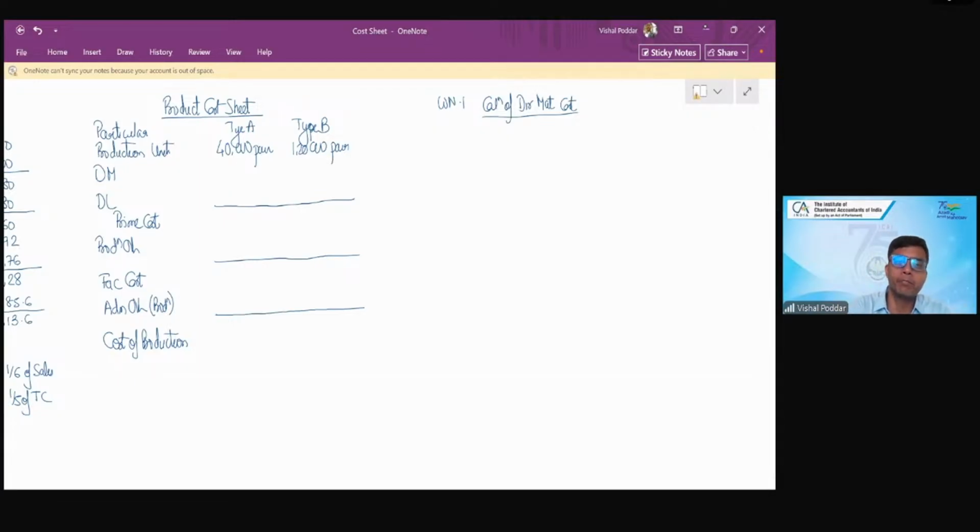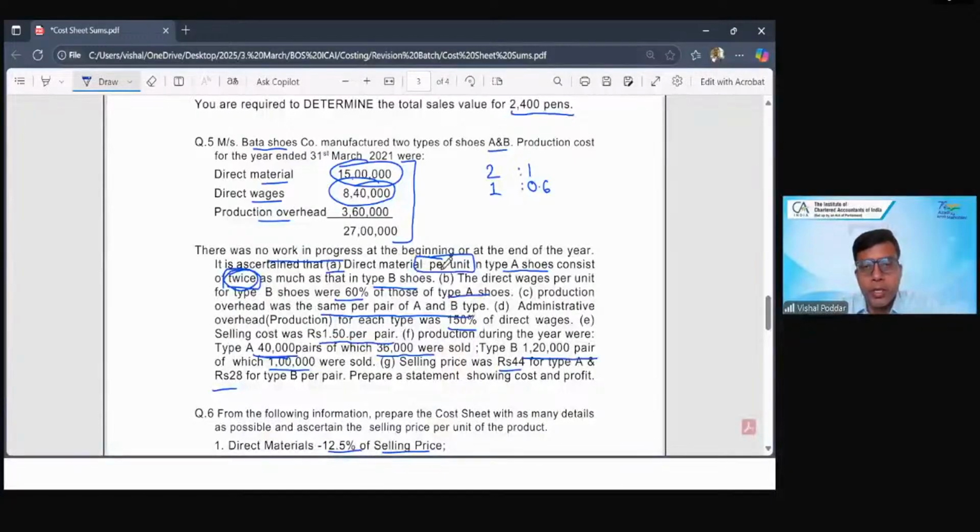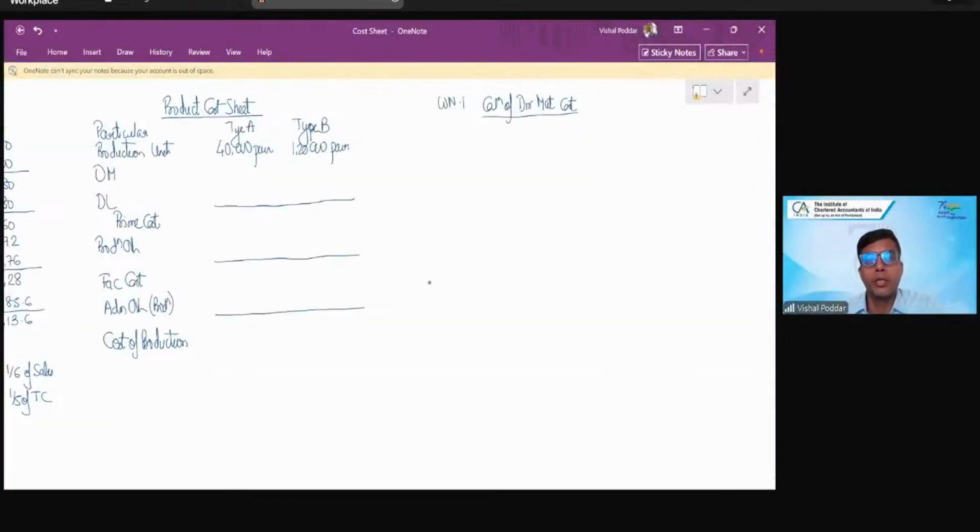They have said that the direct material per unit of A consists of twice as much as that of direct material per unit in B. So let direct material per unit of type B be x. Therefore, direct material of type A has to be 2x.